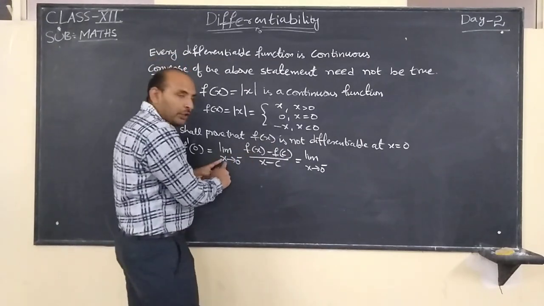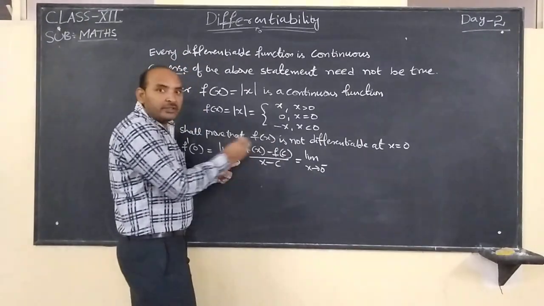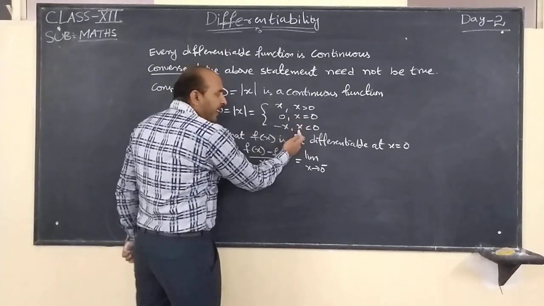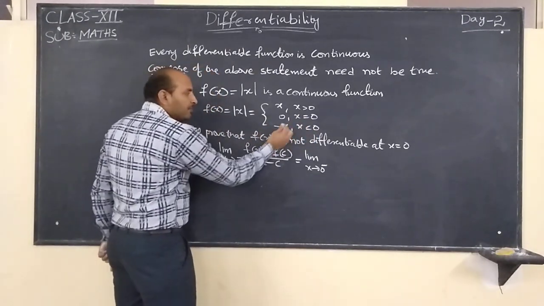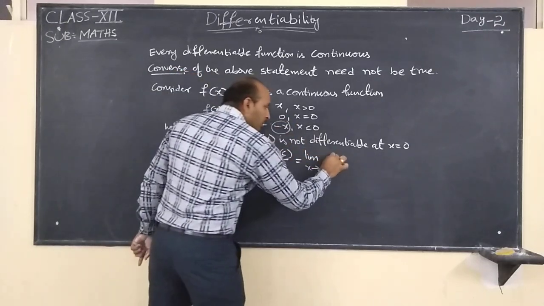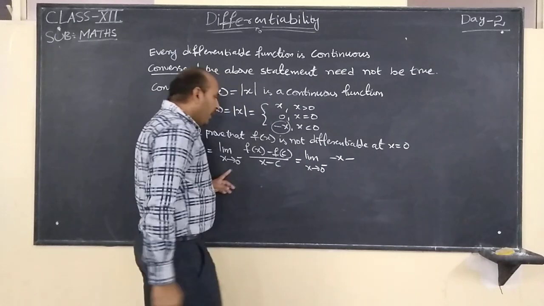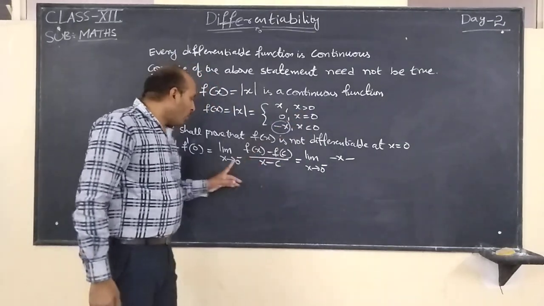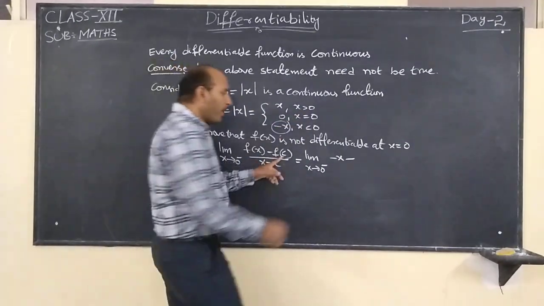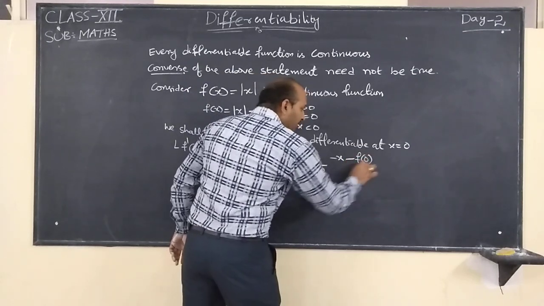When x is less than 0, x approaches the negative side of 0, and f of x becomes minus x. So f of x becomes minus x, minus f of c, which is f of 0, divided by x minus 0.